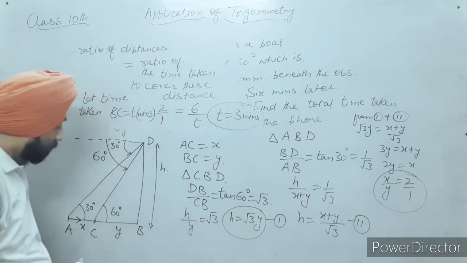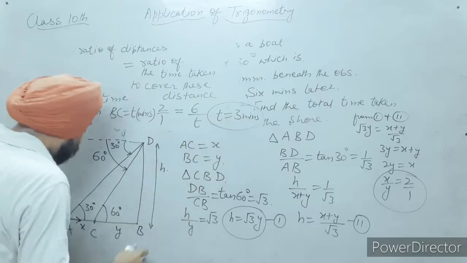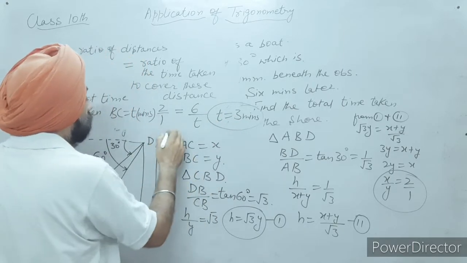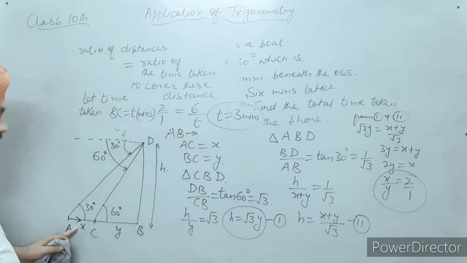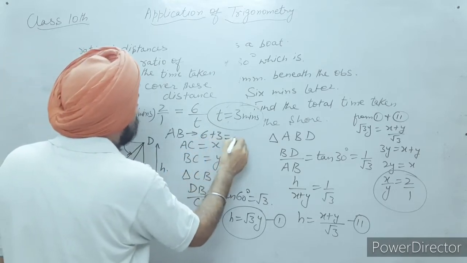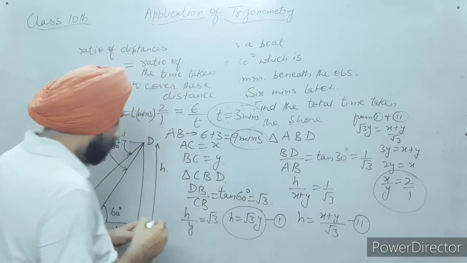That means the BC distance is covered in 3 minutes. So the total time taken to cover AB distance: it was given 6, I found this as 3. So 6 plus 3, the total time taken is 9 minutes.